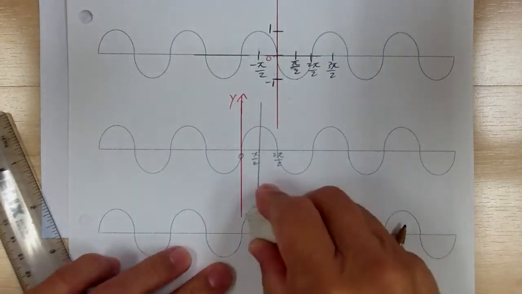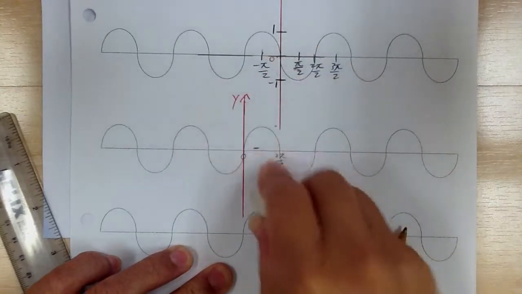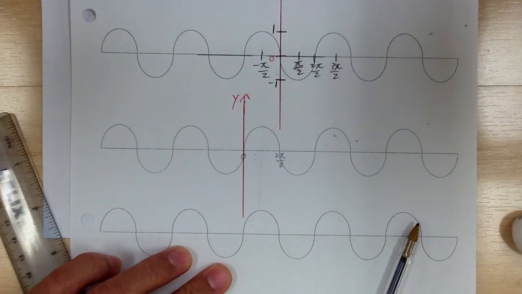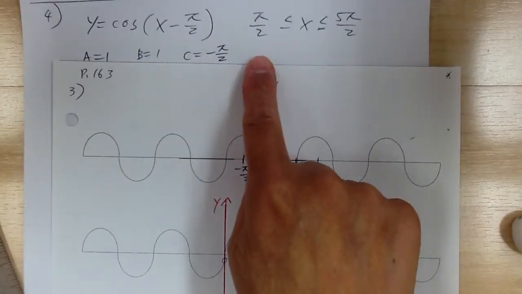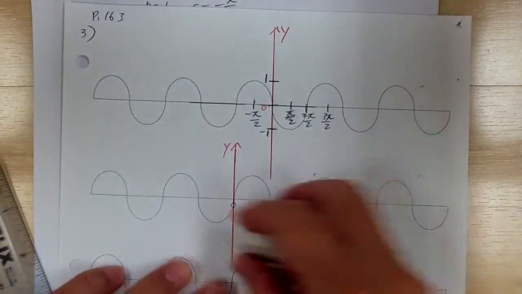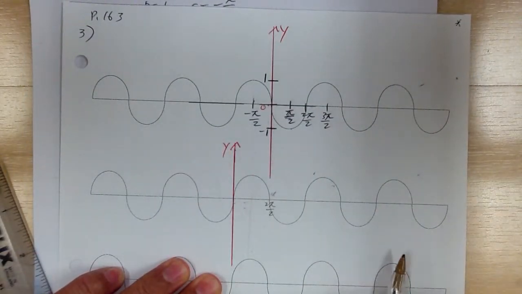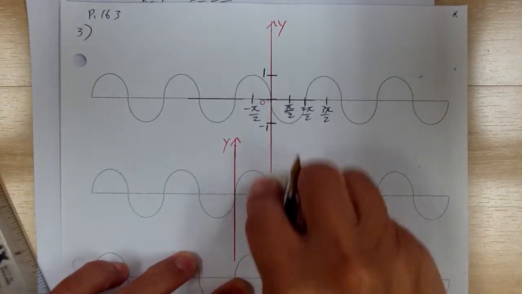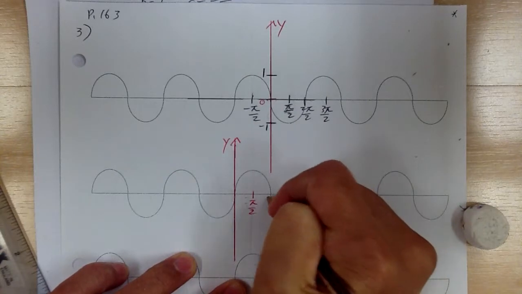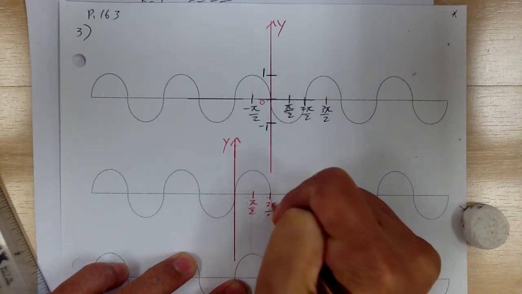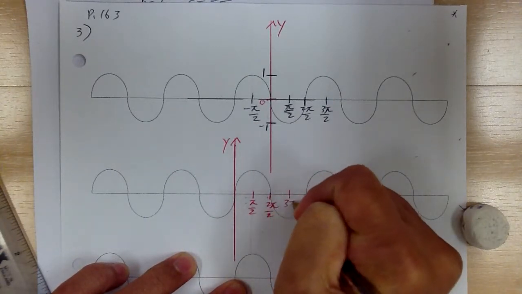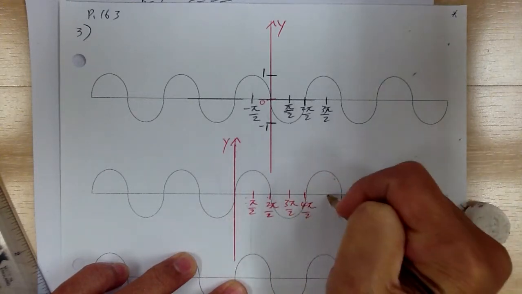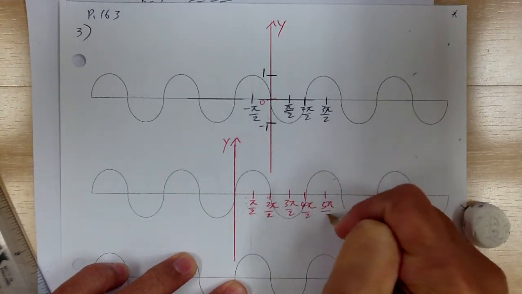Then after that, you can erase your temporary axis. And after that, start to label everything. You want to go from pi over 2 to 5 pi over 2. So here would be pi over 2, 2 pi over 2, 3 pi over 2, 4 pi over 2, and then 5 pi over 2.